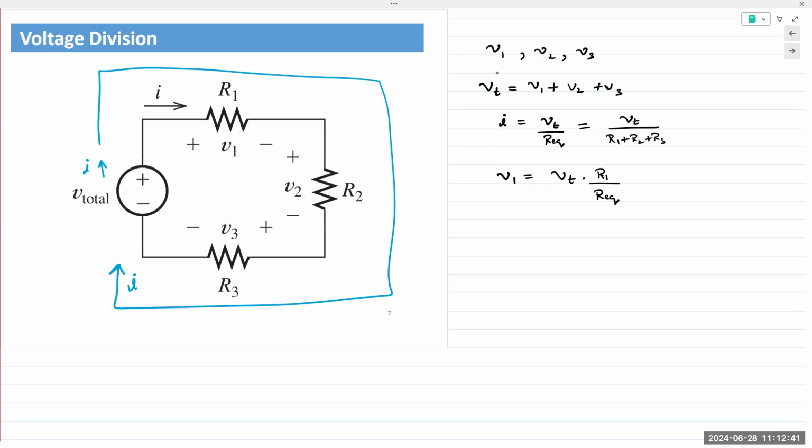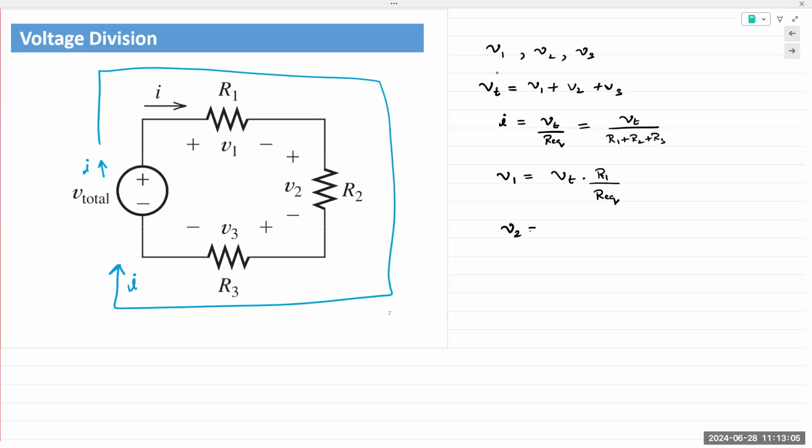And that's it. That's the equation. If you have a voltage appearing across a series connection of resistors, you can skip one or two steps and find the voltage across the resistor directly. So V1 is a fraction of Vt. The fraction is given by the ratio of R1 to Req.